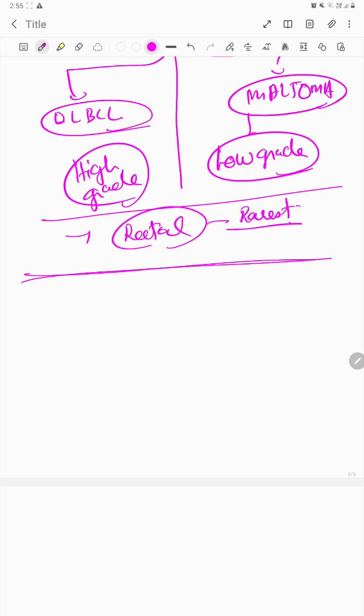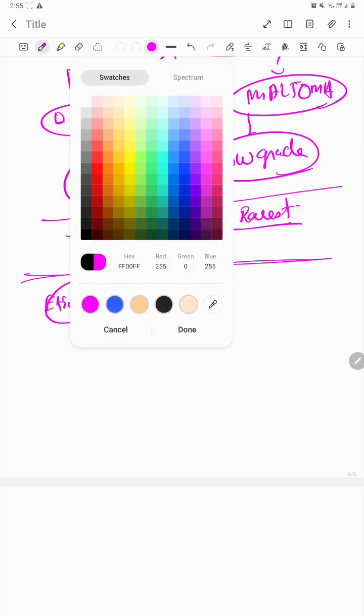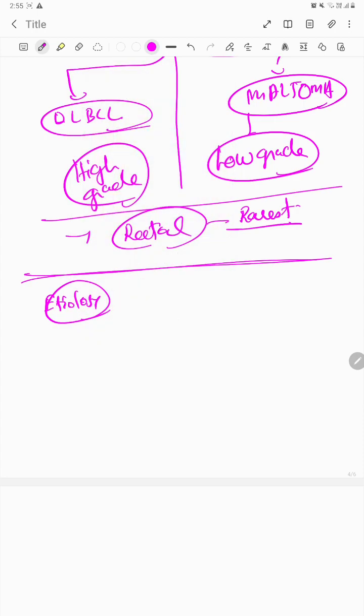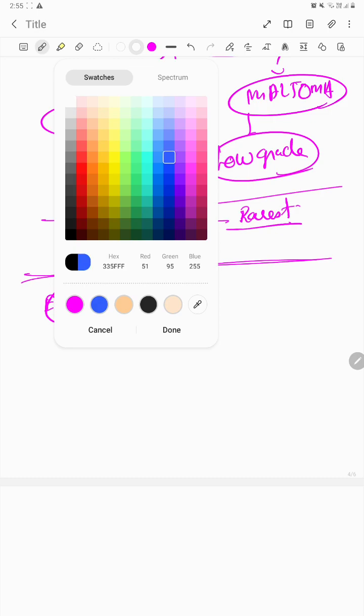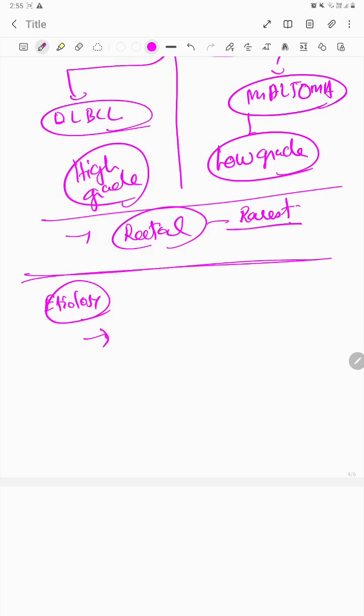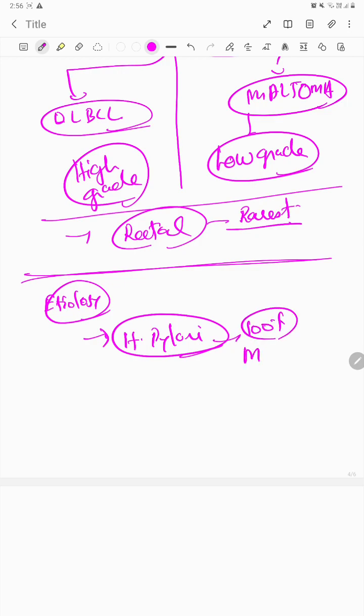Moving on to the etiologies, the most important etiology I want you to remember is your H. pylori, and it is 100% involved in maltomas.